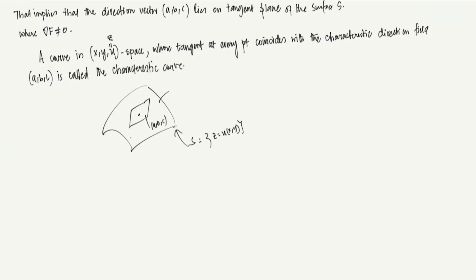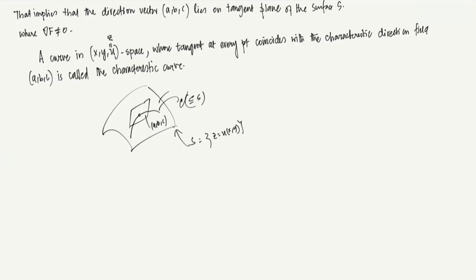So first of all, we are looking at a curve. Let's call the curve C. C is such that it lies on the surface S. What is the characteristic of C? What is the identification of C?